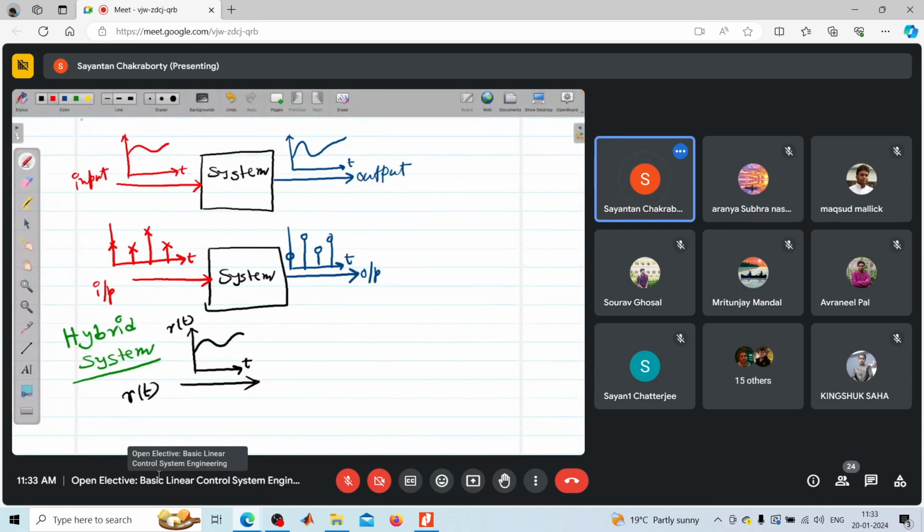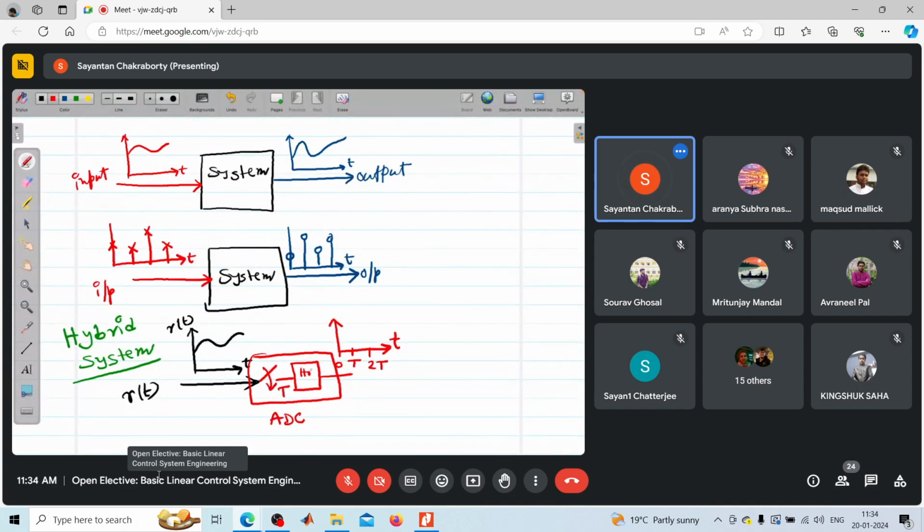Then what we normally do is use a sampler and hold, say an analog to digital converter, and that converts the signal to sampling instants 0, T, 2T.